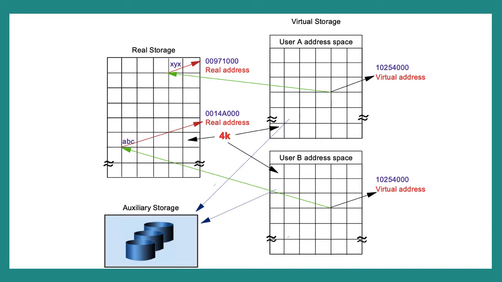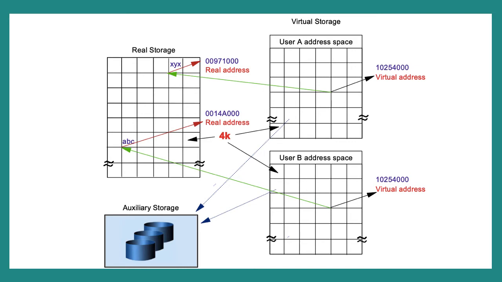And z/OS then transfers the page into central storage, as you can see here, or out to the auxiliary storage as needed. This movement of pages between auxiliary storage slot and real storage or central storage frame is what we call paging.